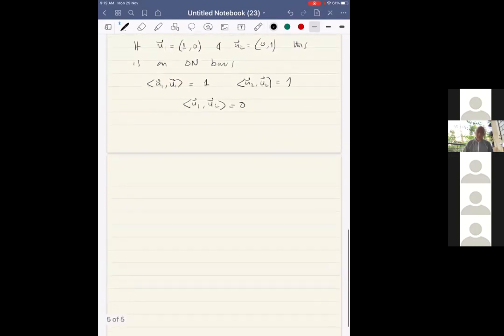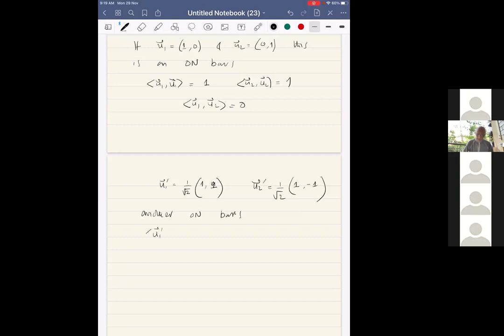But this is not the only orthonormal basis. Here is another one. U_1 prime equals 1 over square root 2 times (1, 1). And U_2 prime is equal to 1 over square root 2 times (1, -1), another orthonormal basis. Why?